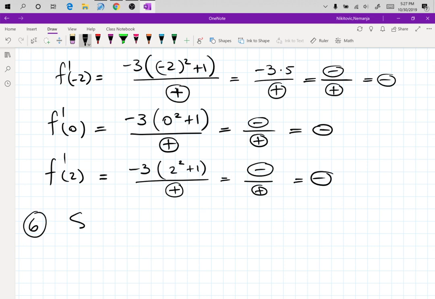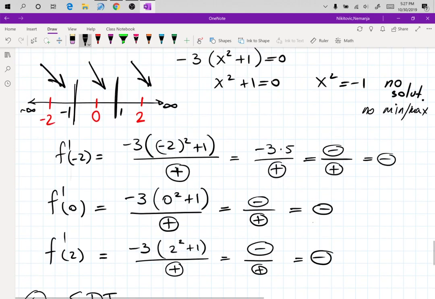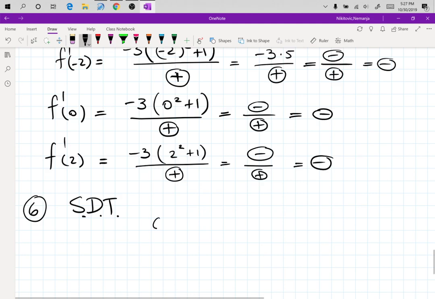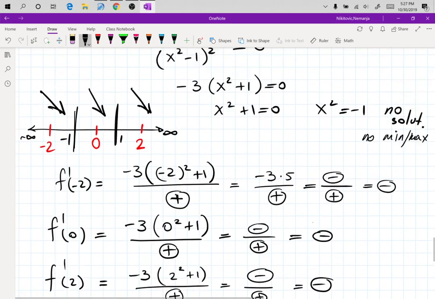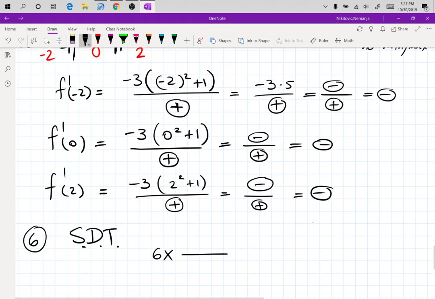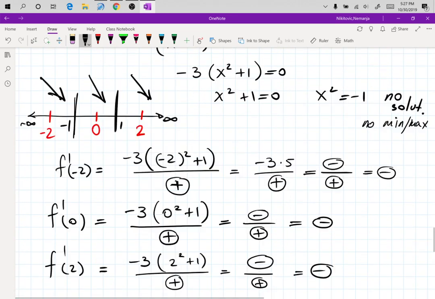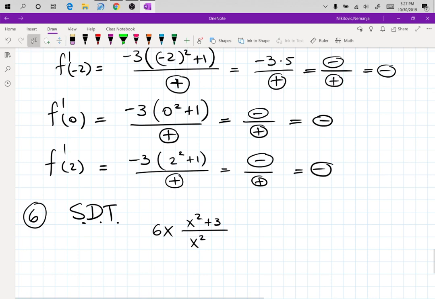Okay, second derivative test. We take our second derivative, which was 6x times the fraction, and the fraction was x squared plus 3 divided by x squared minus 1 cubed, equal to 0.